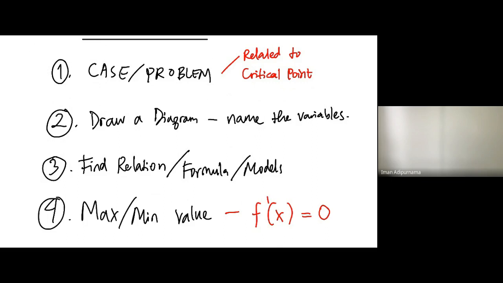Maybe you need to find the area, or maybe the area is the model that's suitable, and then after that you need to take the derivative and check f prime equals 0 to find the critical point and to check max or min. Sometimes the question asks what is the largest possible area, or what is the smallest. That's the typical question. So I think we better go to some examples.